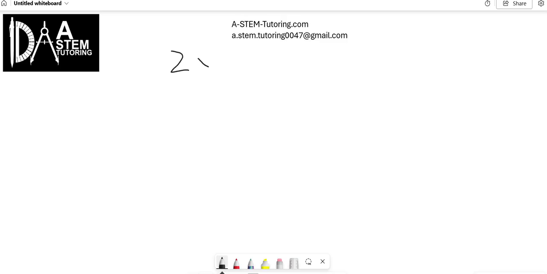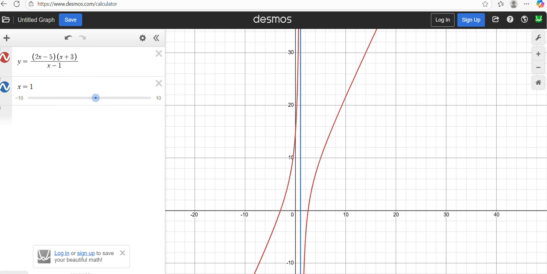So the original function was 2x squared plus x minus 15.